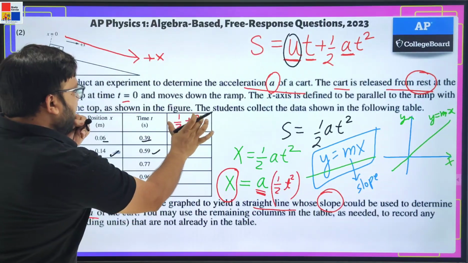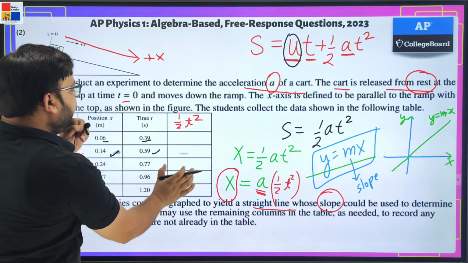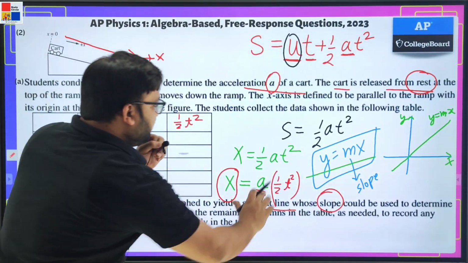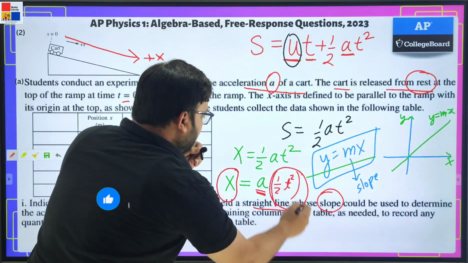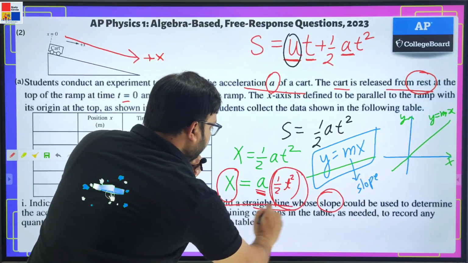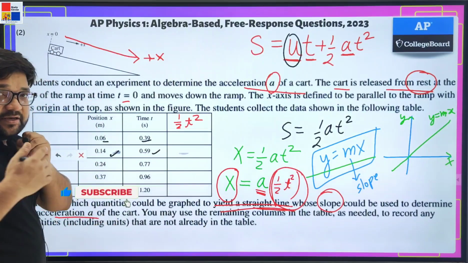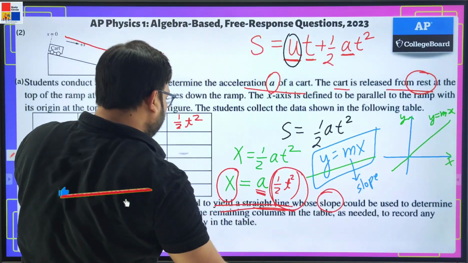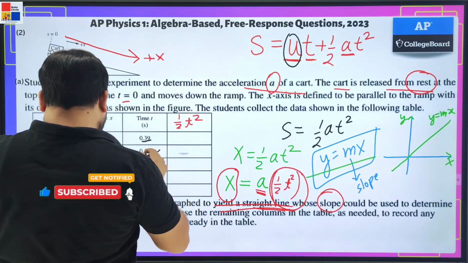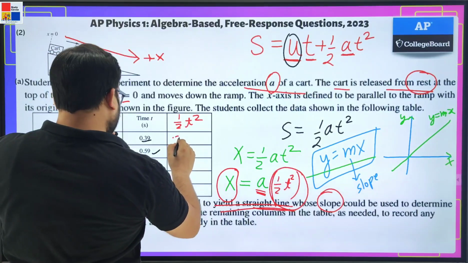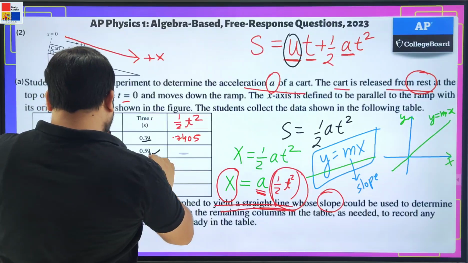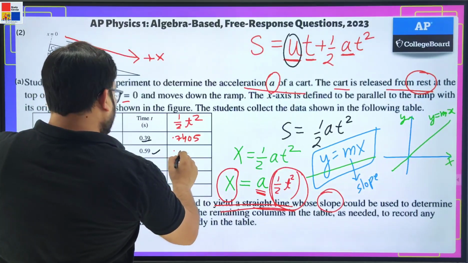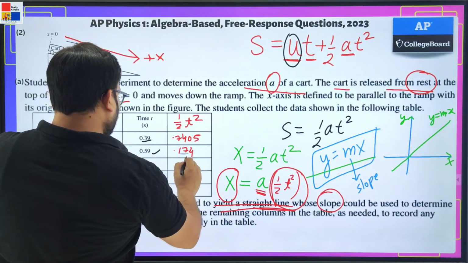Time is given, so I will write the values of half t square. With half t square as the independent variable, this will give me a straight line graph passing through the origin. For t equals 0.39, this is 0.0761, approximately 0.07. For t equals 0.59, this is 0.174.